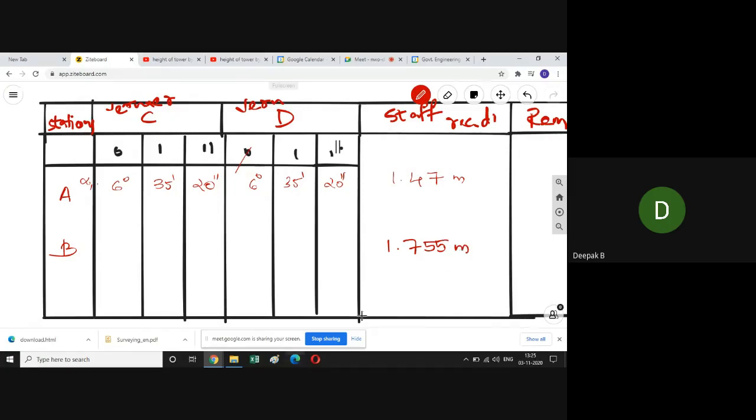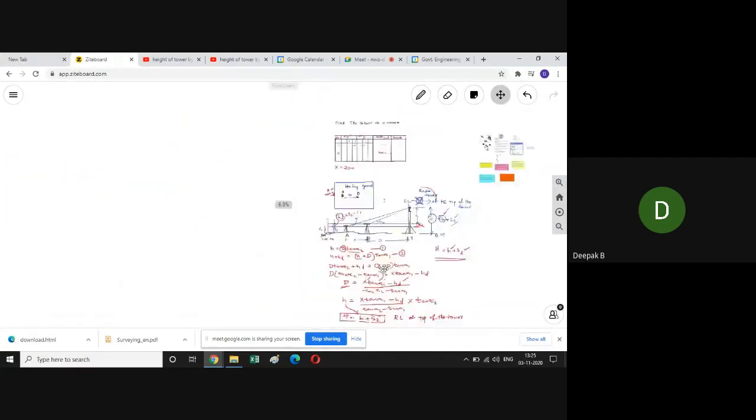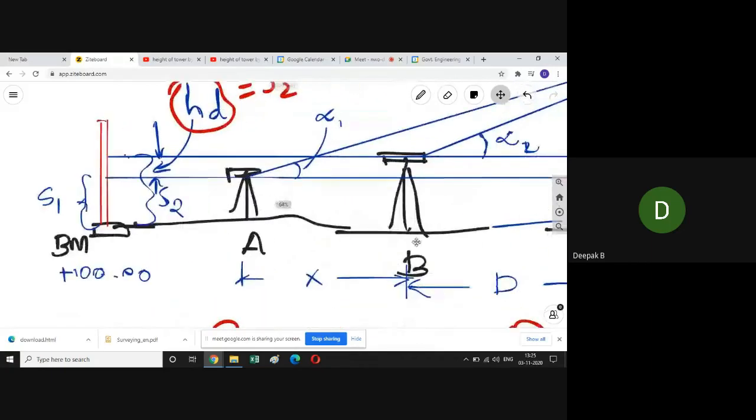This is actually S2, and this was S1. We had kept the instrument at B and we are sighting back to the leveling staff. What we did now was to find out what is S2. This distance is what we found out right now, that was 1.755. Okay, and now we move on.